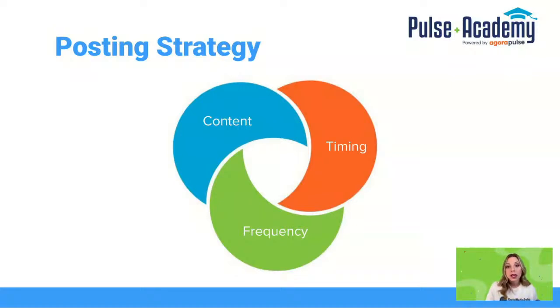One of the tools we use at Social Media Pulse Community to make sure our timing and frequency is right: we're responsible for the awesome content. Our team has done all the planning, but we cheat a little bit on timing and frequency because we use the Agorapulse tool with queued posts, which are great. We don't have to manually think about whether Christine, Deb, and I are posting on top of each other.